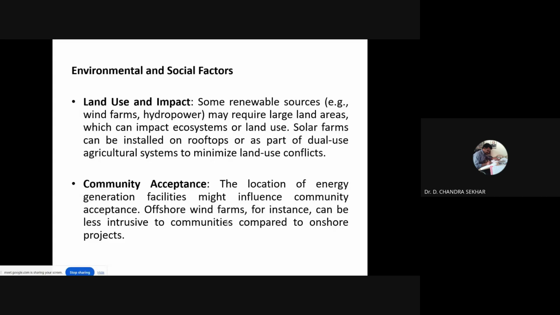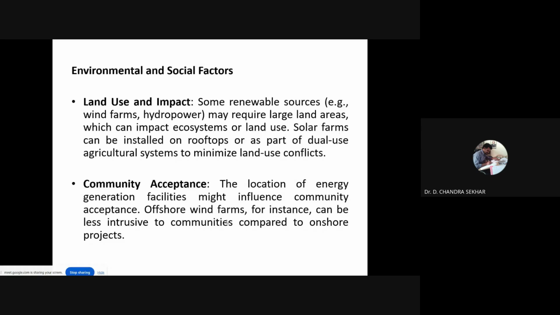And community acceptance. The location of energy generation facilities might influence community acceptance. Offshore wind farms, for instance, can be less intrusive to communities compared to onshore projects.